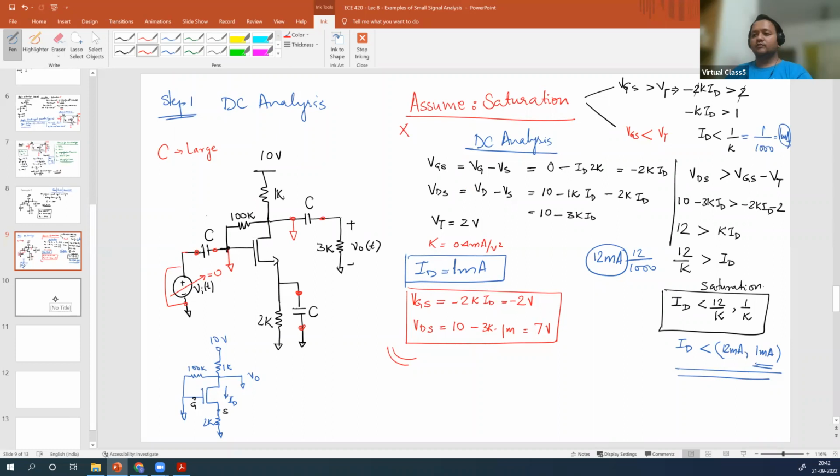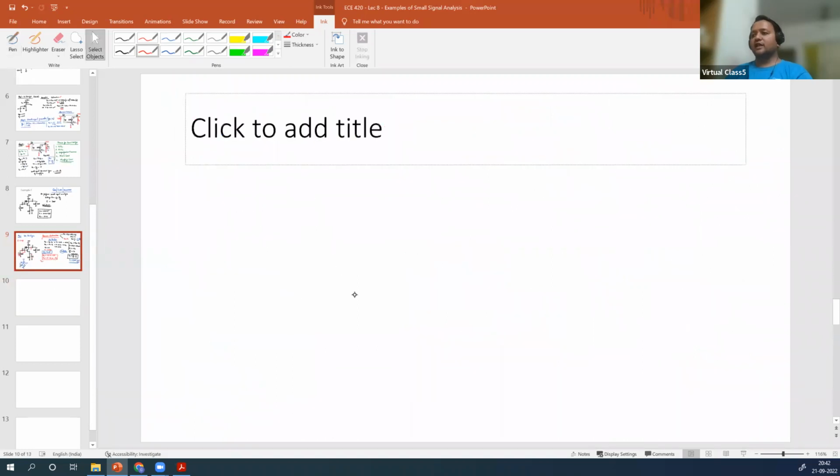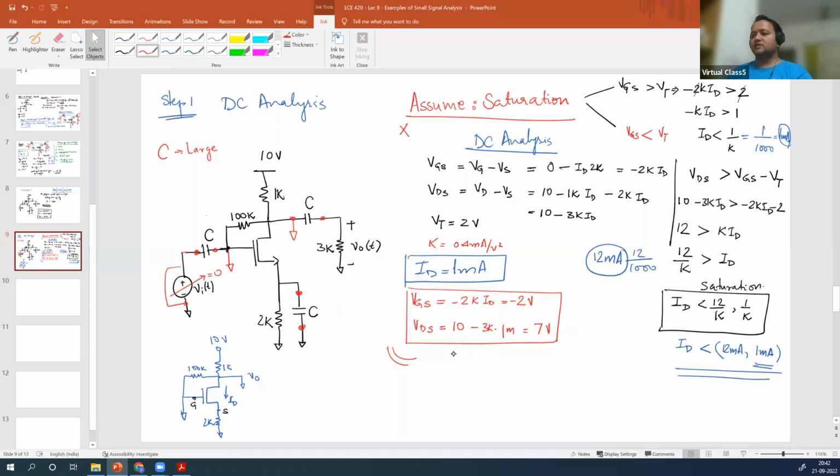Now the next step, what will you do? Go back to the triode equation. Find out, is VDS greater? Right? Is VDS greater than VGS minus VT? VGS is minus 2, VT is 2. So VDS is definitely greater than minus 4.